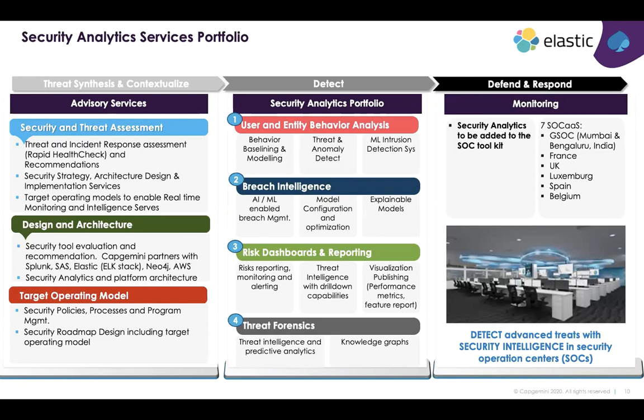Under threat synthesis and contextualization, we provide advisory services when it comes to security and threat assessment. We also provide design and architecture services in terms of tool evaluation and recommendation. We have some specific thoughts about how we can get started quickly using some things that we have from partners, of course, Elastic being a good example of that.